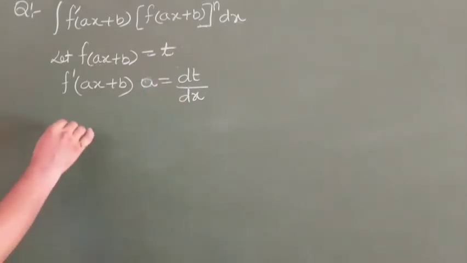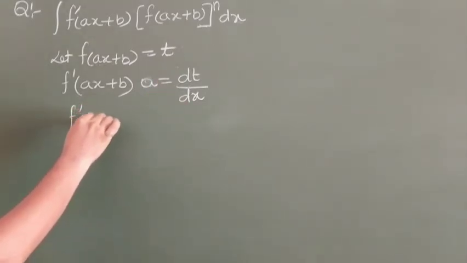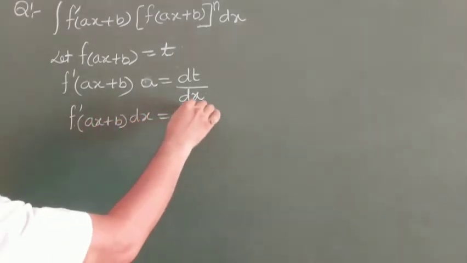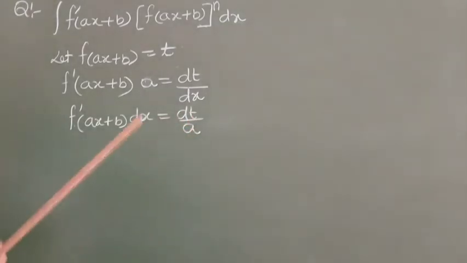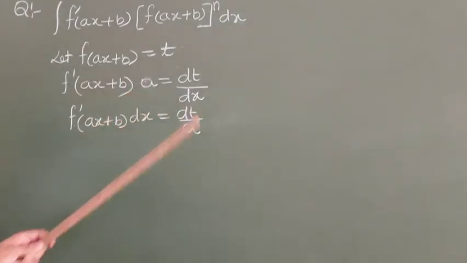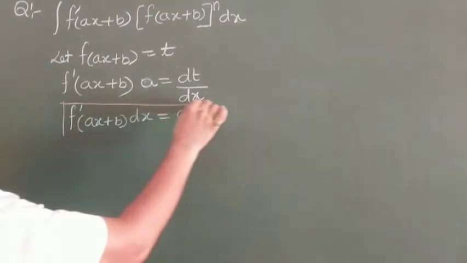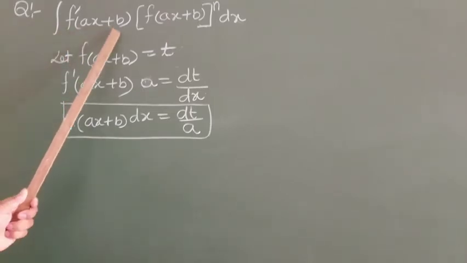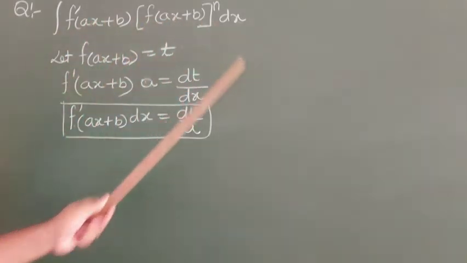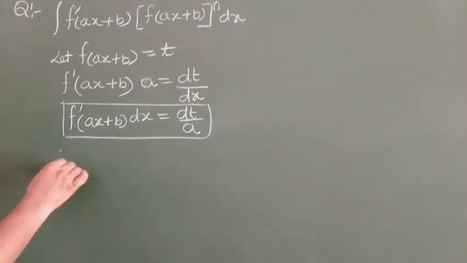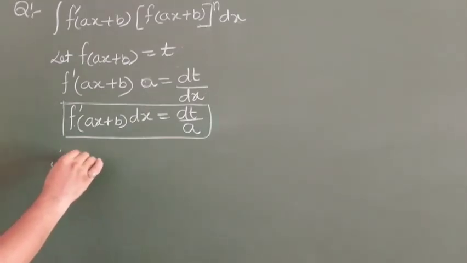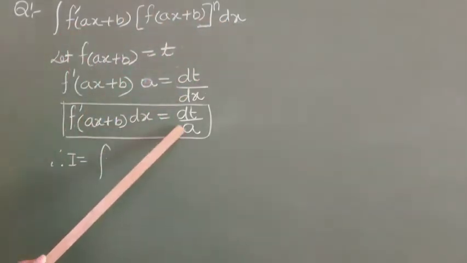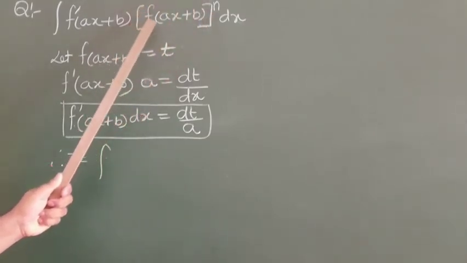So now students, f dash ax plus b dx equals dt by a. Dx will come this side, a will come this side. So this value we have got here: f dash ax plus b dx equals dt by a. Therefore I equals integration, at this place we can write dt by a, and at this place we can write t.